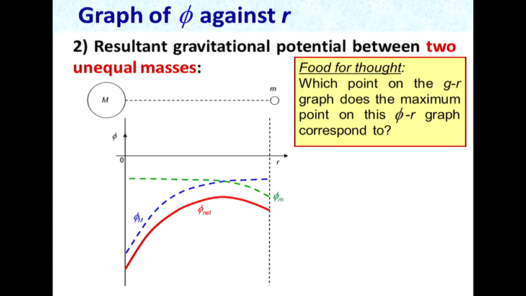Where there is a maximum potential, which point does it correspond to on your G versus r graph? So you've got to think of the relationship between potential and G. Gravitational potential and gravitational field strength, what is the relationship between these two quantities?